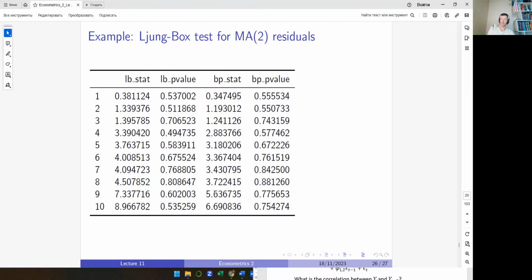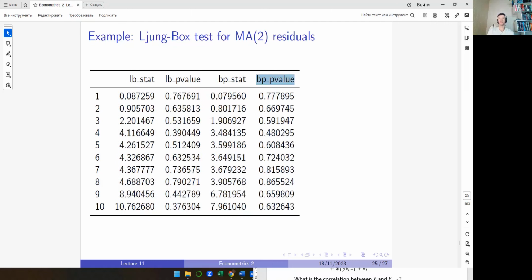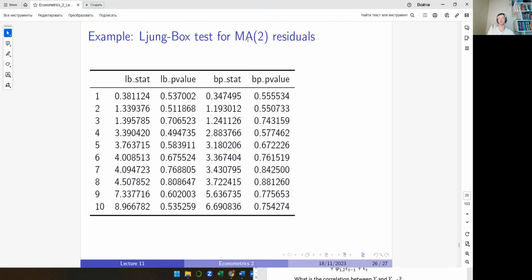The same table for the residuals coming from the AR1 model. No, this is a typo, not MA2 but AR1 model. The same thing we can see. P-values here are large, p-values here are large. So there is no residual autocorrelation for the AR1 model as well, and we passed these tests.